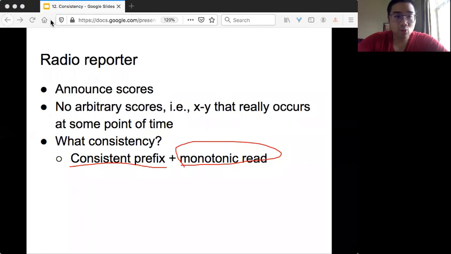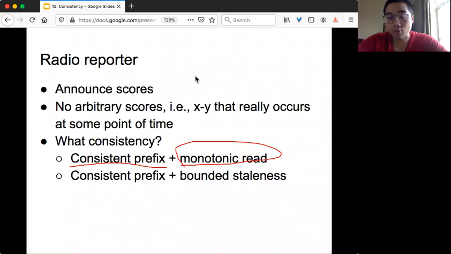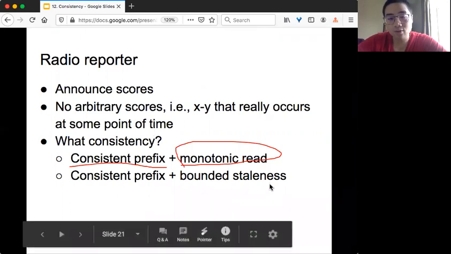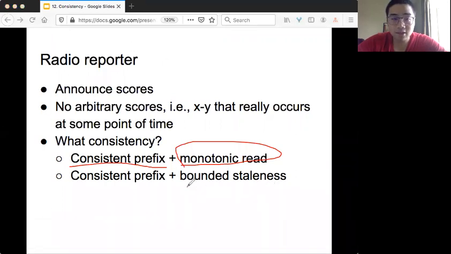And then for this one, actually there's another combination that's okay, which again, you want to have a consistent prefix because you want a score that really occurred at some point of time. And then you can also have a bounded staleness. And then that's, again, based on the semantics or the application scenario for the radio reporter.